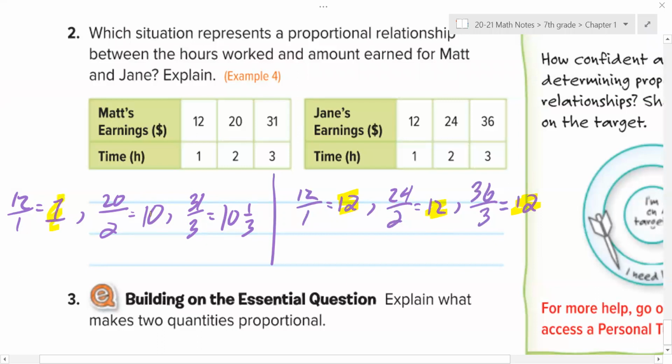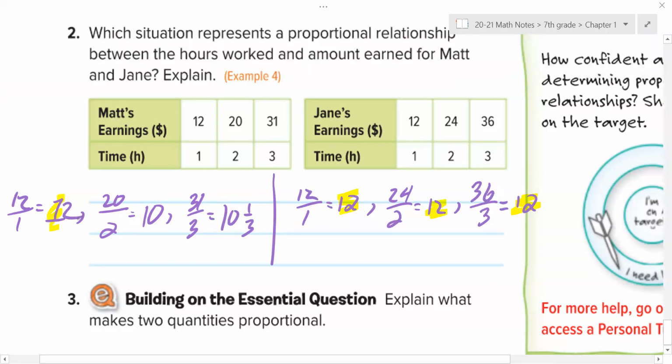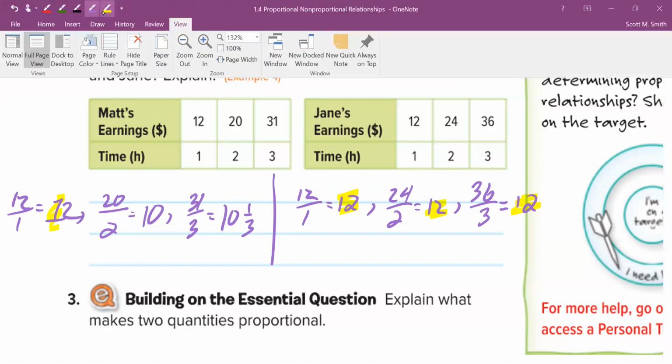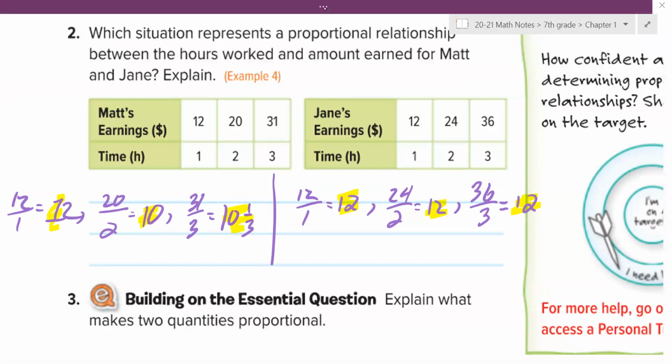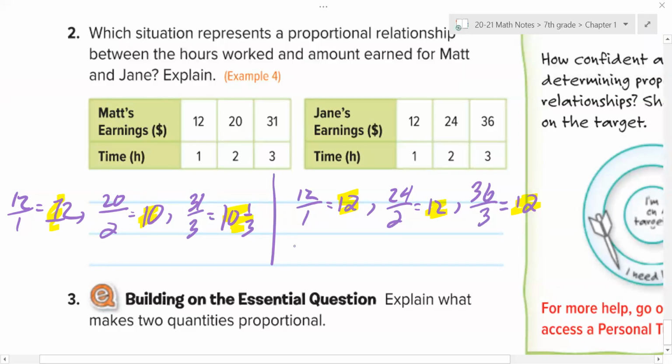For Matt we have 12, 10, and 10 1/3. Wow, nope. So Matt's is not proportional, but Jane's is proportional. Jane's is proportional because it's the same rate.